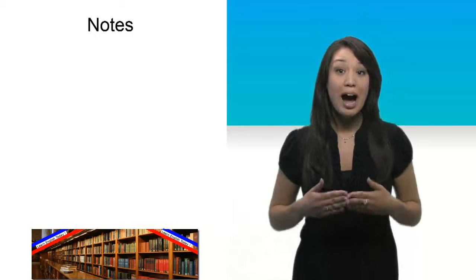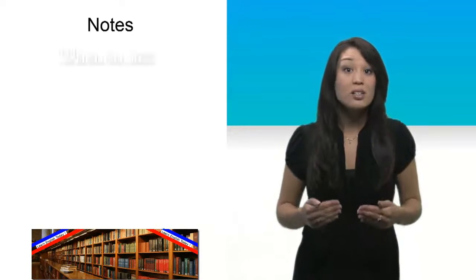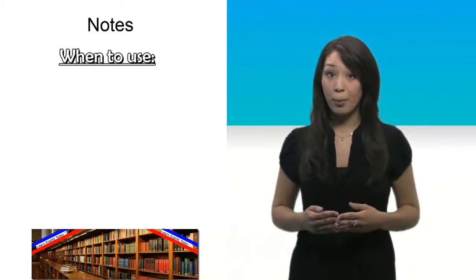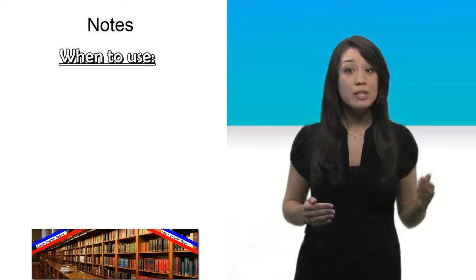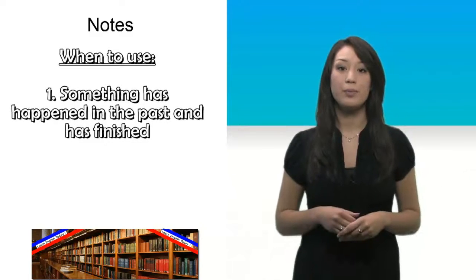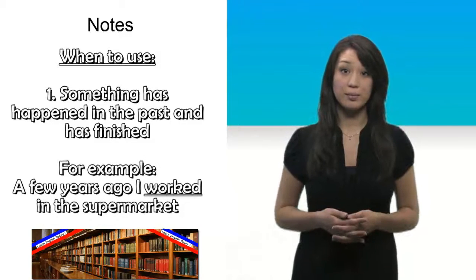Now that you know how to form past simple, you need to know when to use it correctly. Use past simple when something has happened in the past and has finished. For example, a few years ago, I worked in the supermarket.